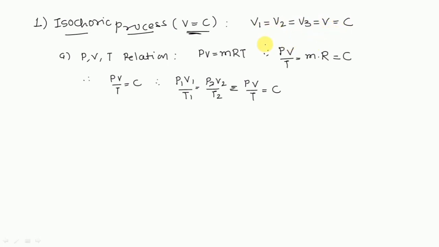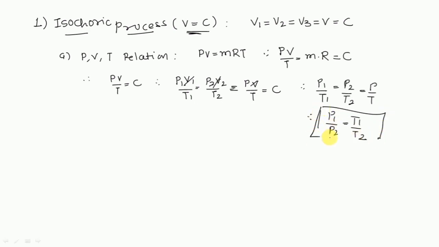So V1 equals V2 equals V, and we can write P1 by T1 equals P2 by T2 equals P by T. That's why P1 by P2 equals T1 by T2. This is the relation of pressure and temperature in the isochoric process. This is our first relation.